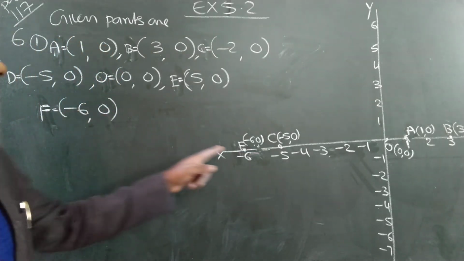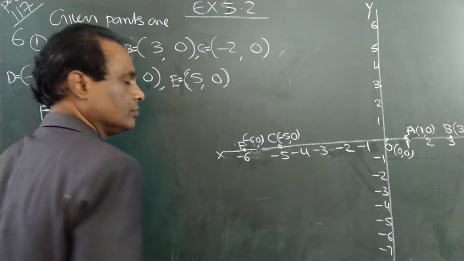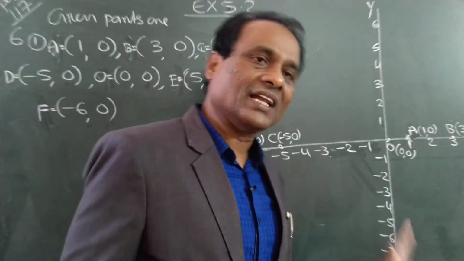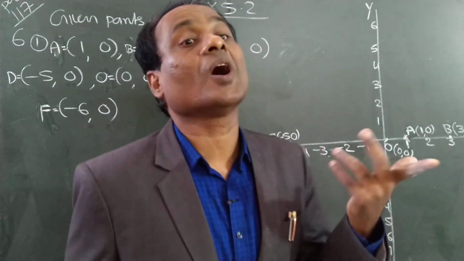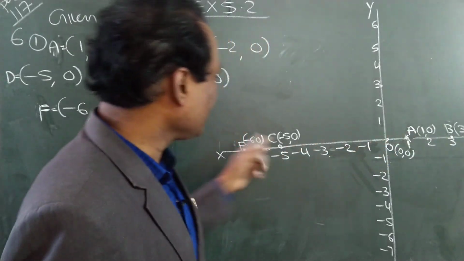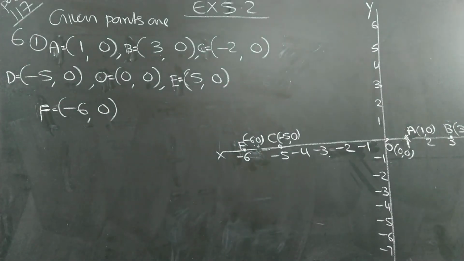Minus 6, 0 is F. I plotted all the points on the graph paper. Any doubt in this? Now, what is the question? After plotting all these points, what do you observe?